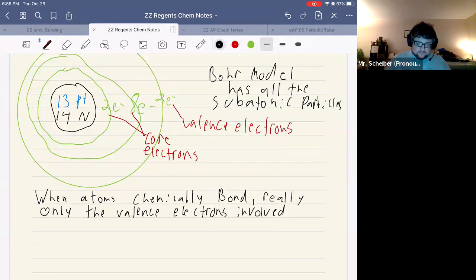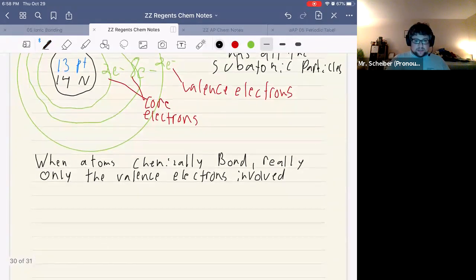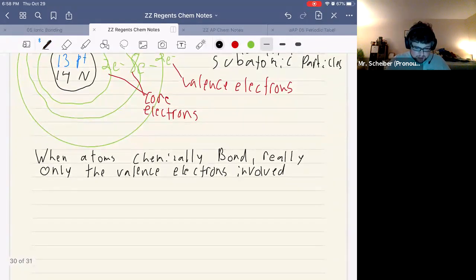So instead of looking at the whole model, if we only want to look at just the outermost electrons, we have a very special type of model, and we can call it the Lewis dot model. Or actually, it's Lewis dot structures. It's the other term for it.